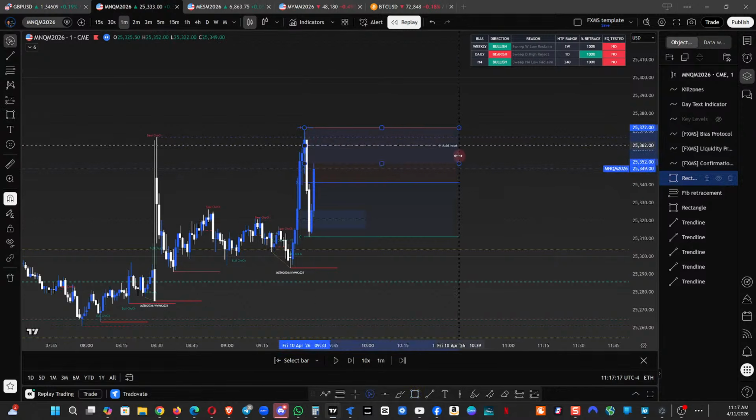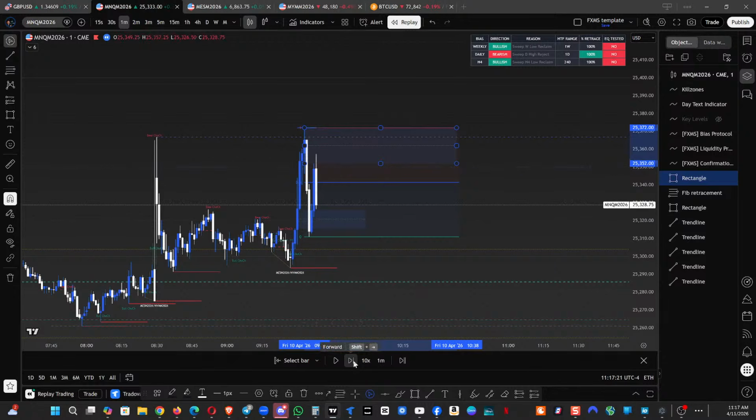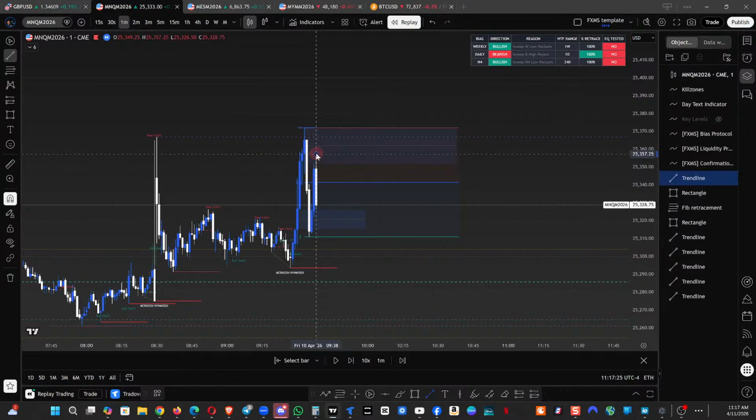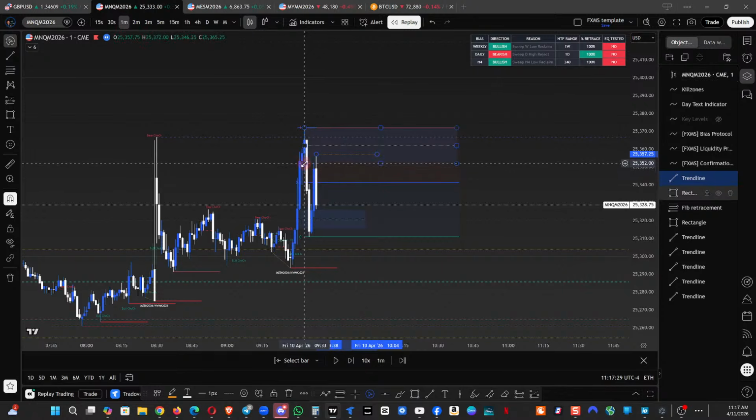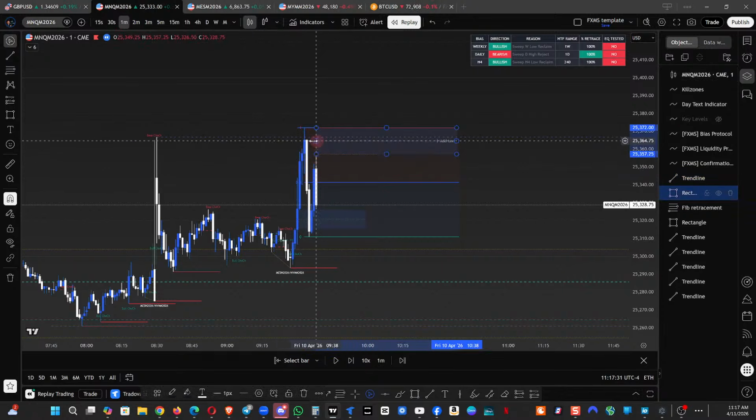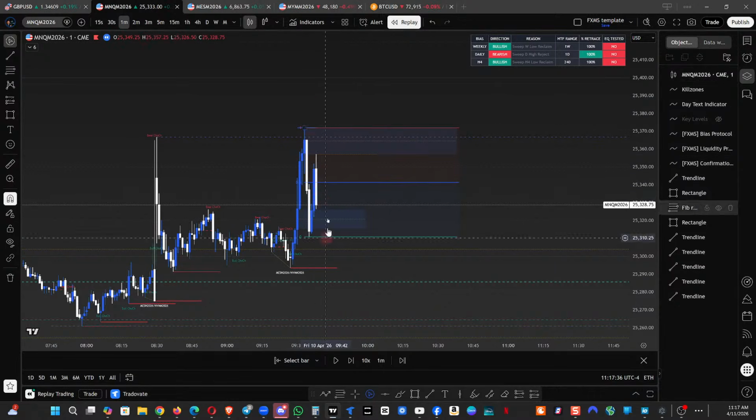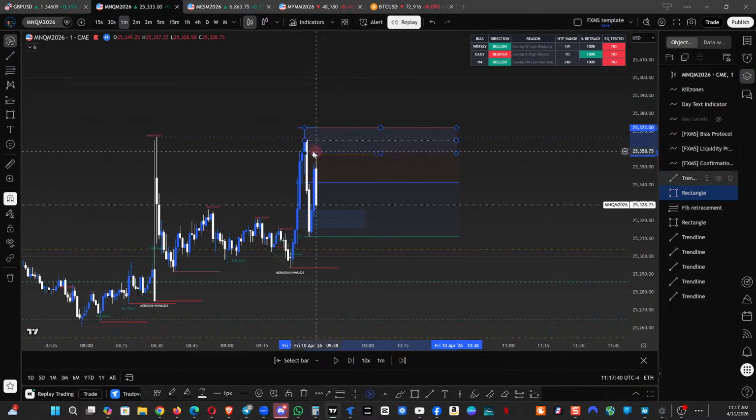So I need to see this form a swing high, which it forms the swing high there, like this. Okay, so there will be something like that. Okay, so we got the order block itself here, we got a swing high, and then we have price moving away. So we want price to come back, sweep that swing high, and then come down.